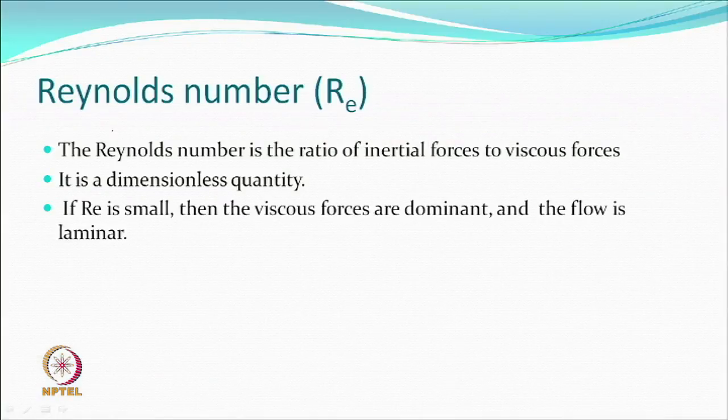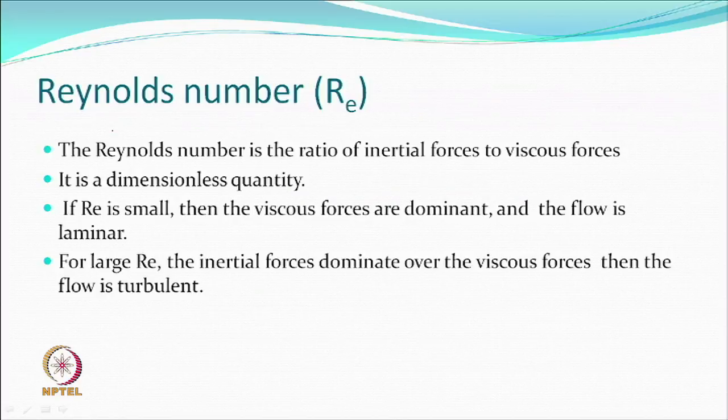Reynolds number, if it is small, then it means that the viscous forces are dominant and the flow will be laminar. On the other hand, if this is large, that means inertial forces dominate over the viscous forces and the flow will be turbulent.